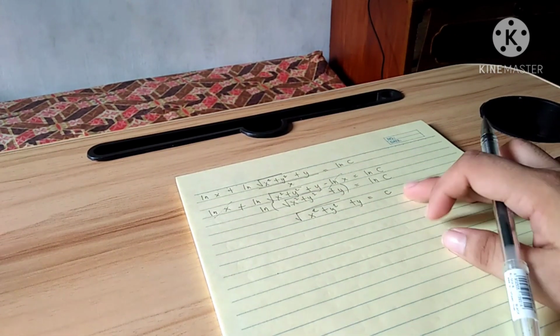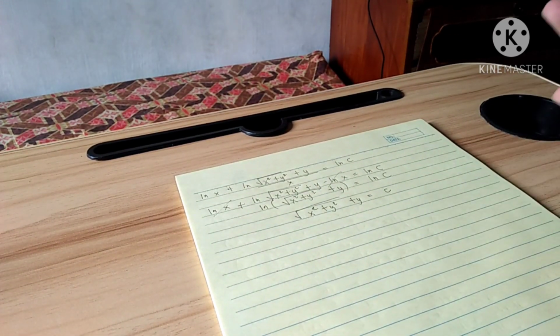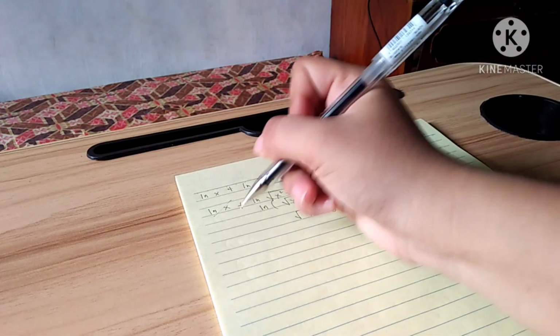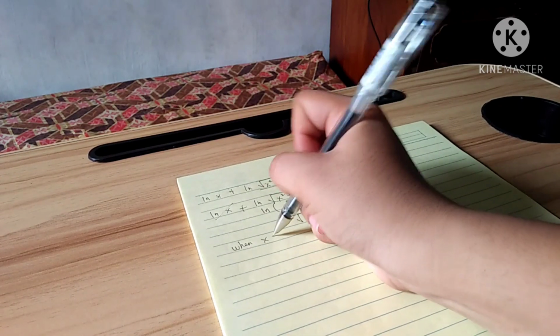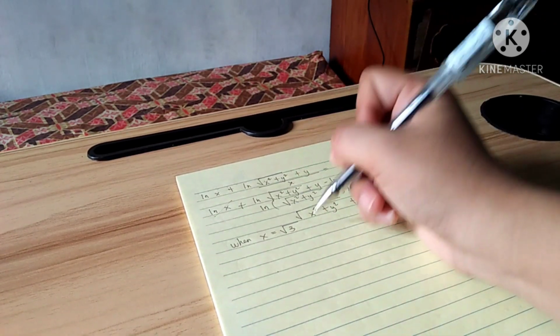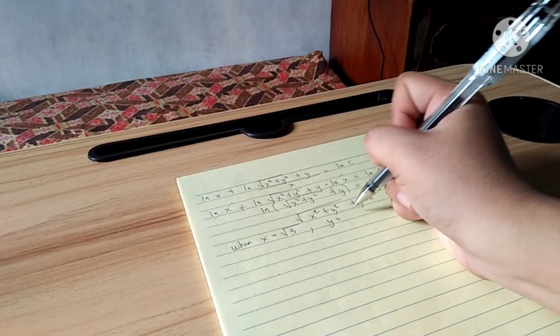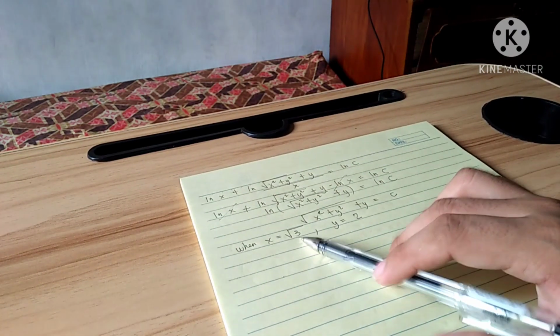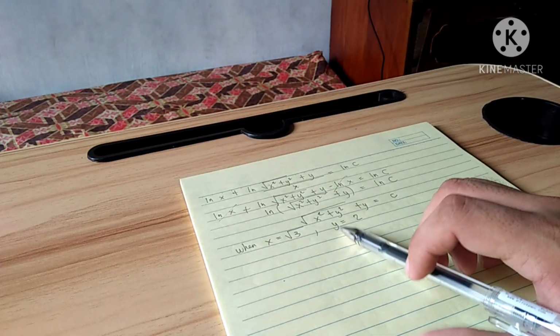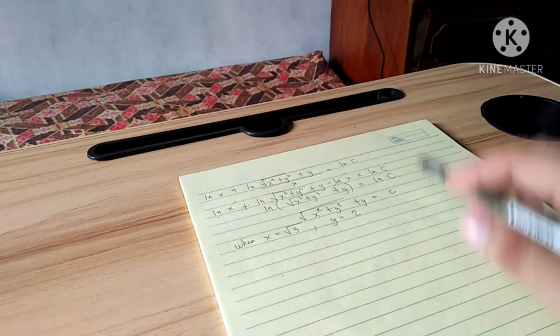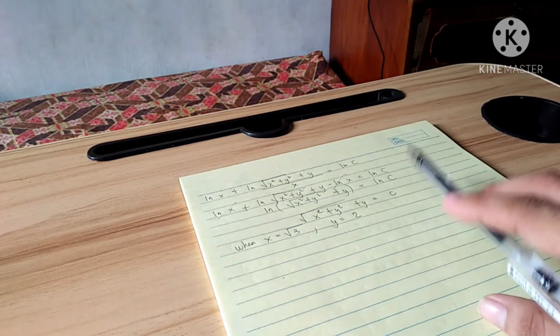So, ngayon, meron na tayo nitong term na to. Kanina, sinabi dun sa problem na we have when x is equals to the square root of 3, tapos yung y daw is equals to 2. So, itong mga given na ito, i-substitute natin ngayon to dito sa formula na na-derive natin.